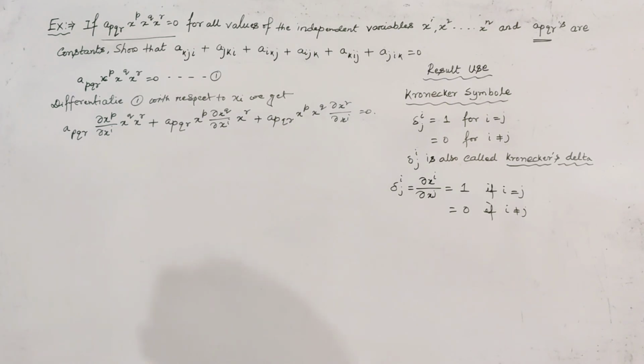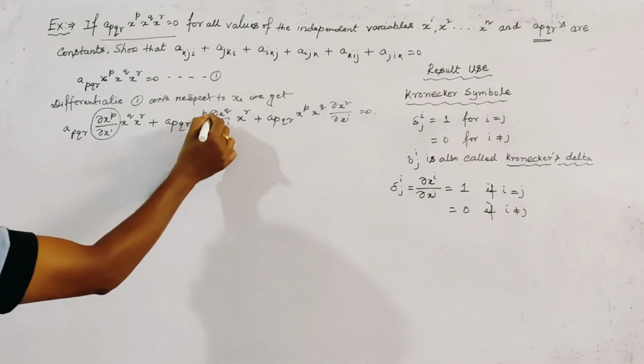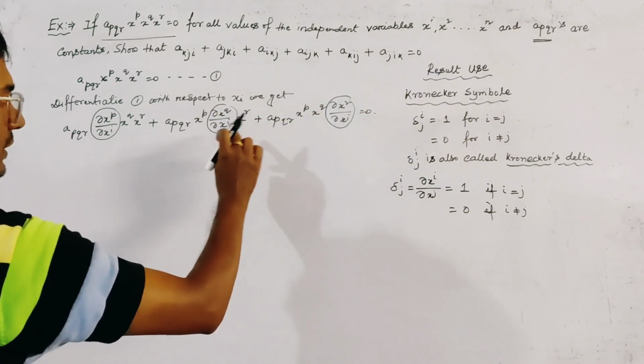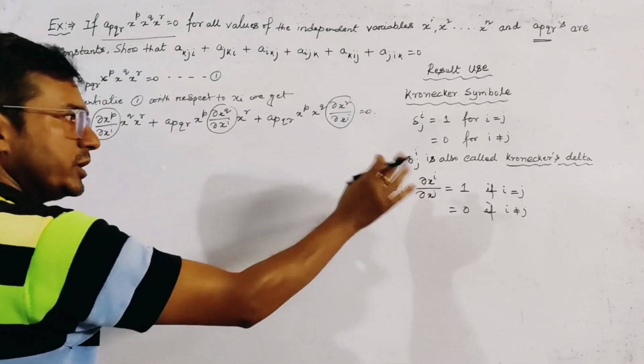Now we write these terms using the notation of the Kronecker delta, which we already defined.